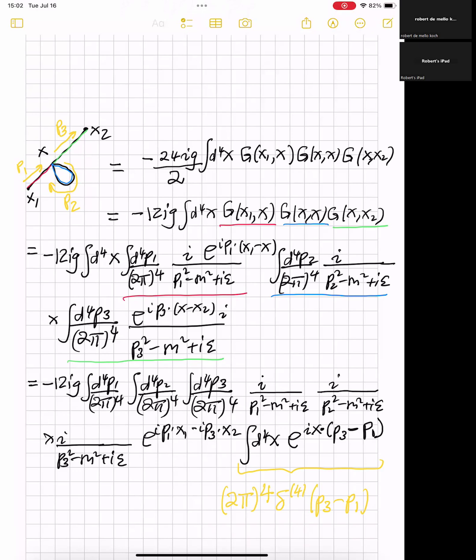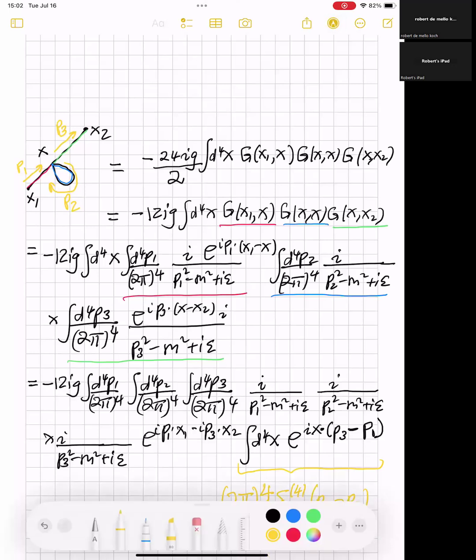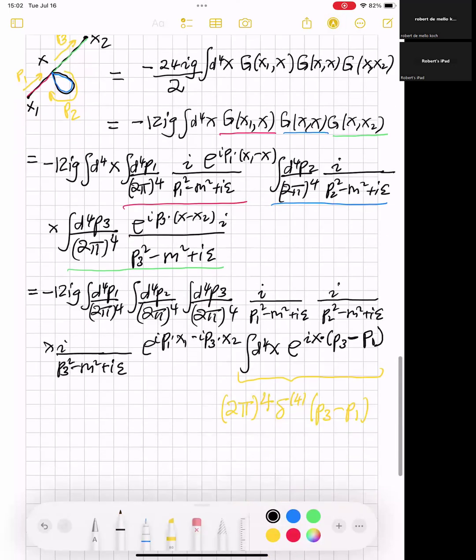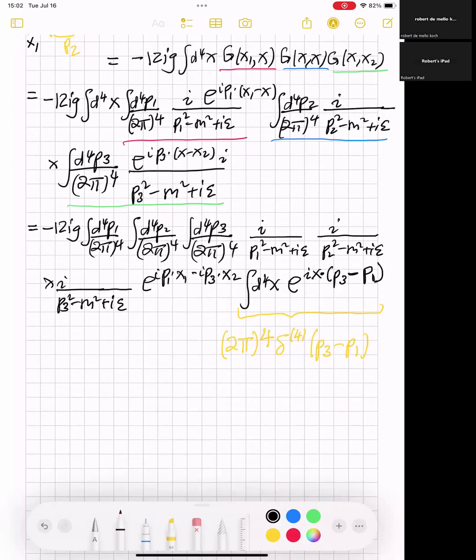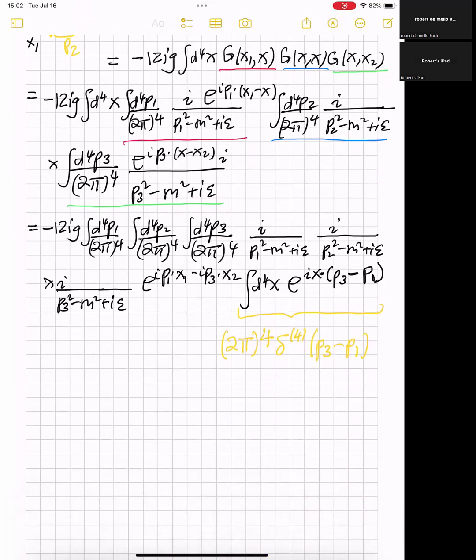Okay, so we can actually do the integral over p3. Then we will have minus 12ig, an integral, we'll still have p1, so d4p1 over 2 pi to the 4. We'll have an integral d4p2 over 2 pi to the 4.